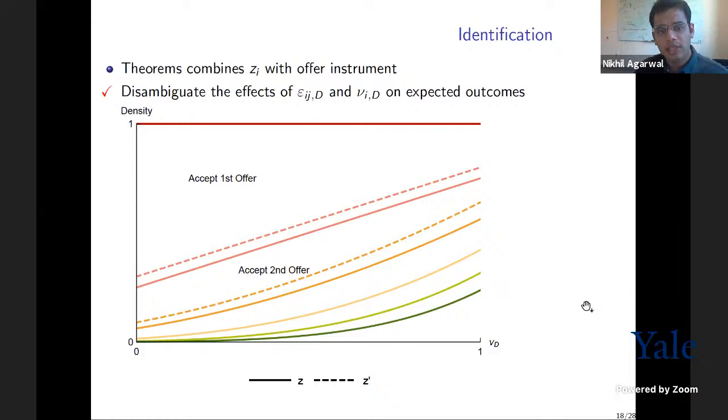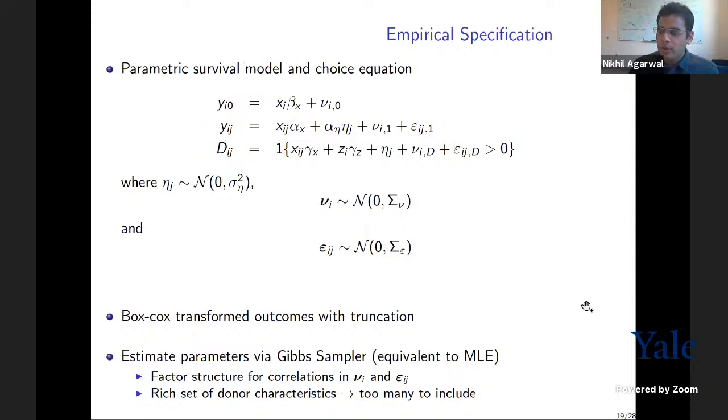The theorems specifically combine this instrument about scarcity with the offer instrument to disambiguate the effects of match-specific effects from the selectivity effects. Now, when we go about estimating the model, we use a relatively simple specification. We parameterize the survival curve and the choice equation using a linearized version.